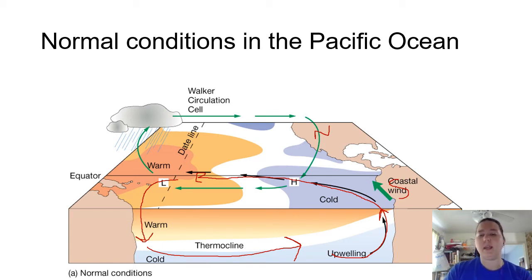So we have upwelling on one side of the Pacific Ocean, we've got upwelling up here, and then we'd have downwelling over here, creating this cycle. So the water is going from cold South America to warm over in the Indonesian, Asia area.